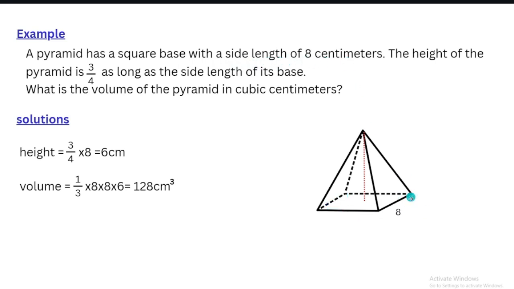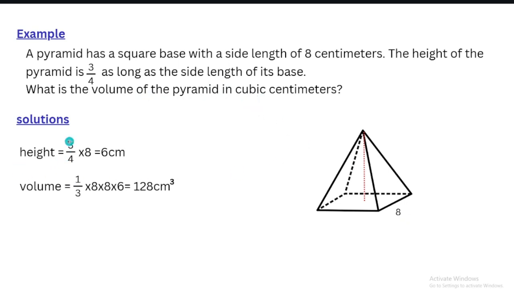This is a square, so all the angles are 90. All the sides are 8. The height of the pyramid is 3/4 the length of the side. So this height is 3/4 of 8. What is the volume of the pyramid in cubic centimeters?